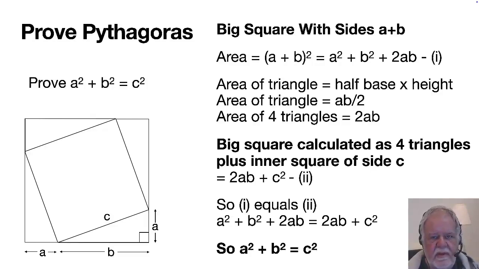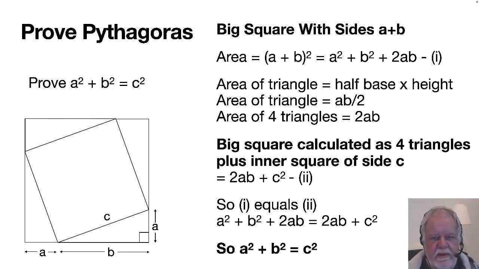So because 1 equals 2, in other words, the area of the square when we've calculated it as having a side of a plus b, and the area of the big square being 2ab plus c squared, because we've added all the triangles and the smaller square together, we get a squared plus b squared plus 2ab equals 2ab plus c squared.